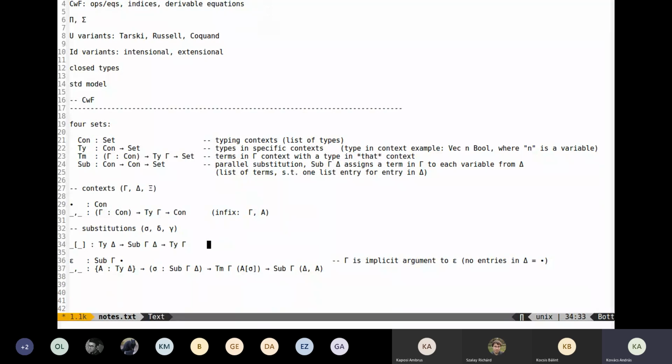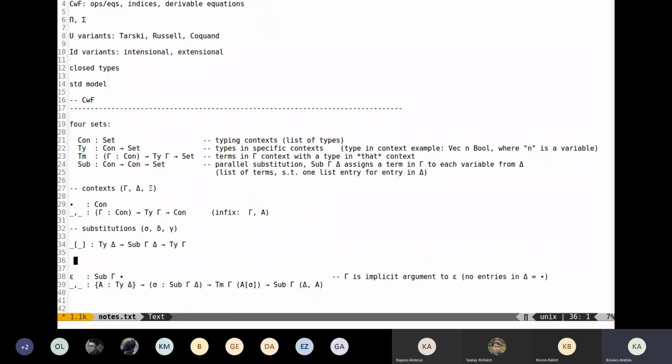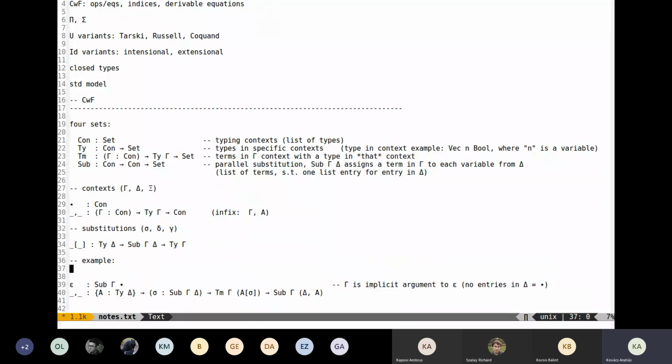Okay. And I think we should give some concrete examples for doing type substitution. We can use this vector example. So for example, a vec of n of bool, and here, so this is informal.